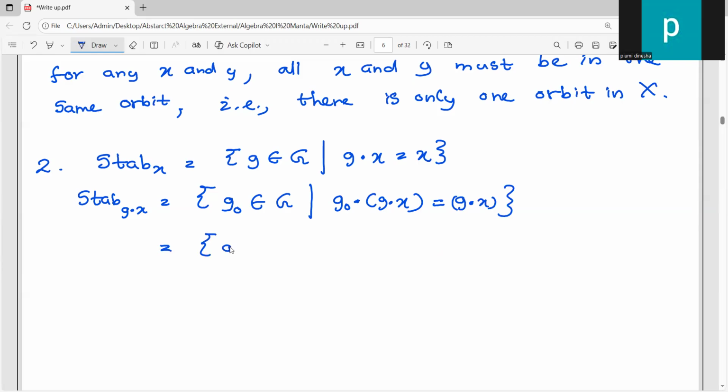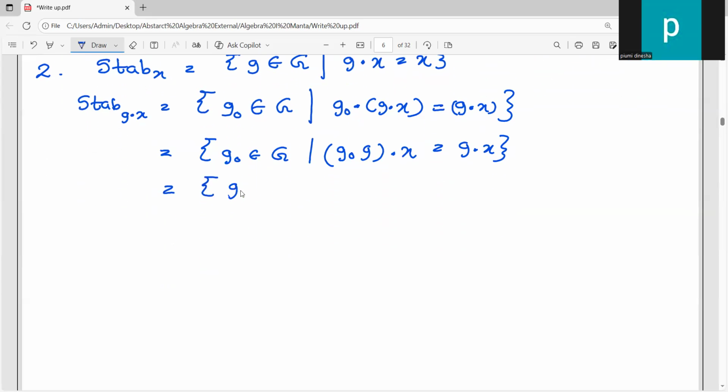This is equal to every g naught in G such that, if you use the second condition of a group action over here, we see that this is simply g naught g dot x equals g dot x. Now what do we want to show? We want to show that this stabilizer of g dot x is simply g times stab x times g inverse.